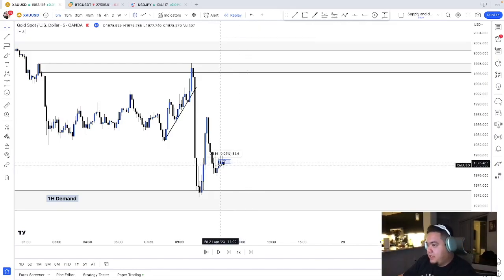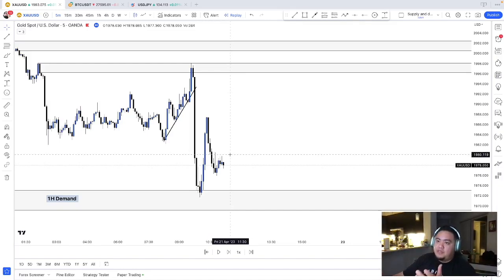That's what's going on in my mind, which means there's a battle between buyers and sellers, and this is just an auction of buying and selling. I view these candles as that. There are a lot of buyers, a lot of sellers, and there are points where there's balance, and it's going to break to one side or the other.